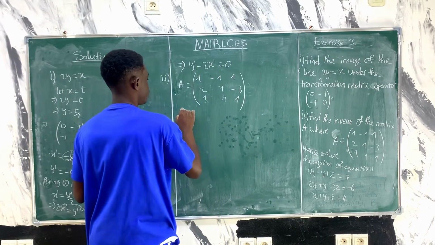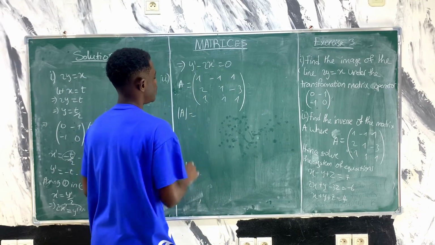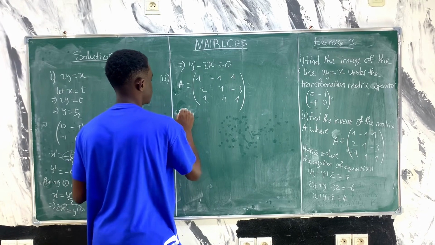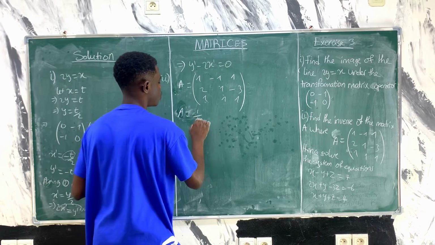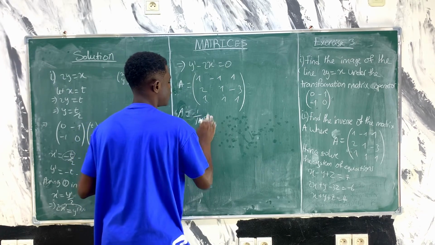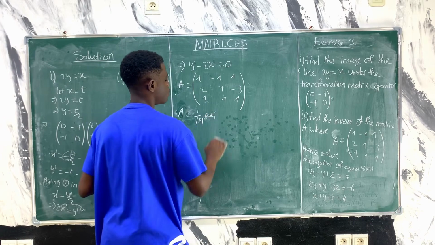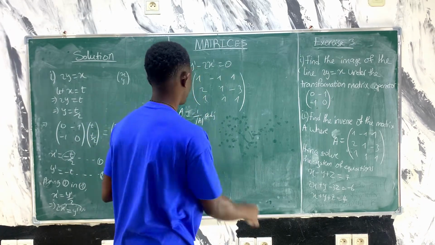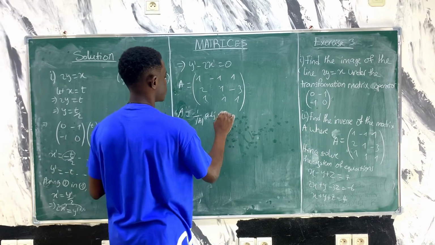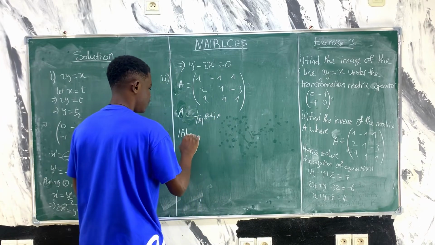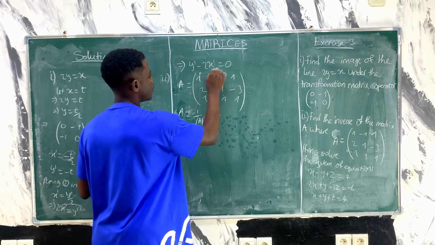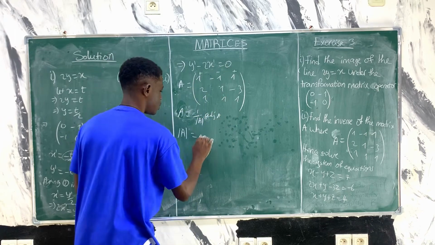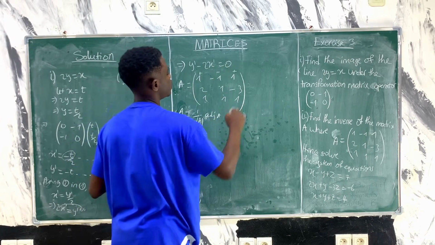Okay, so the determinant of A. Well, I know that the inverse of A is equal to 1 over the determinant times the adjugate, where the adjugate is the transpose of the cofactor matrix of A. So I'll firstly find the determinant of A. I know that the signs are plus, minus, and plus. So I use my 1, I cancel the column and the row.